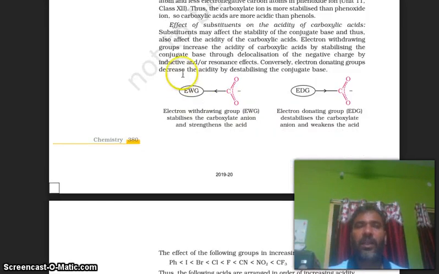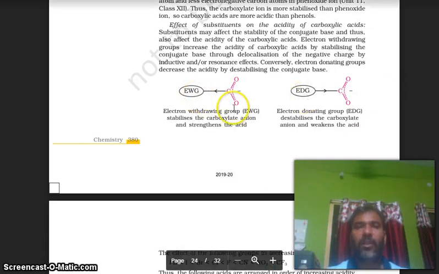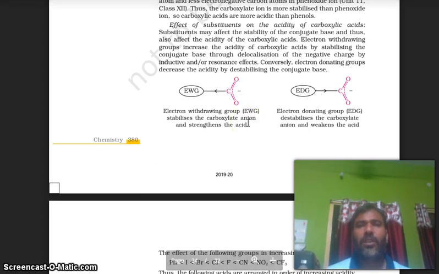So here is the electron withdrawing group concept and the electron donating group concept. So friends, the effect of substituents on the acidity of carboxylic acid. You see, this is the carboxylate anion. EWG means electron withdrawing group, and here EDG means electron donating group. So an electron withdrawing group stabilizes the carboxylate anion and strengthens the acid, and the donating group weakens the acid.